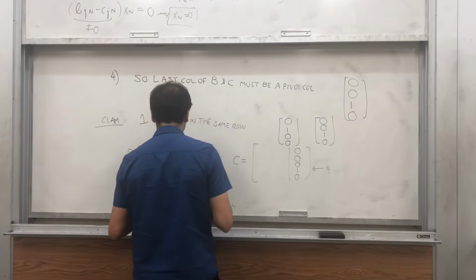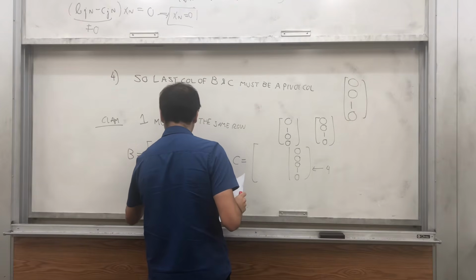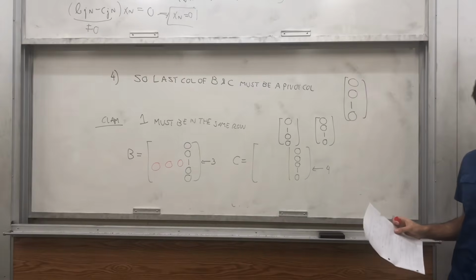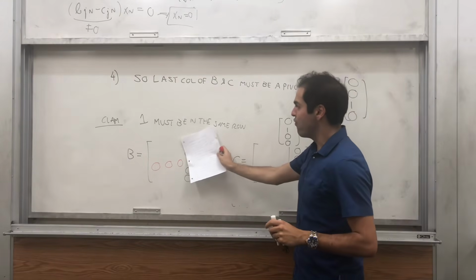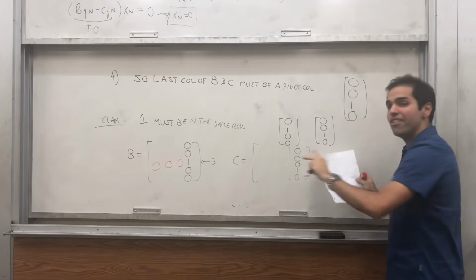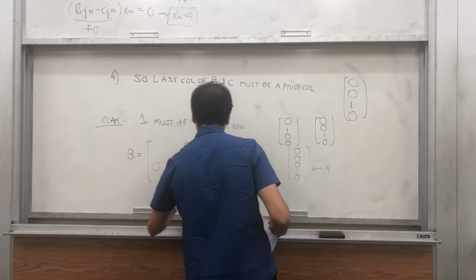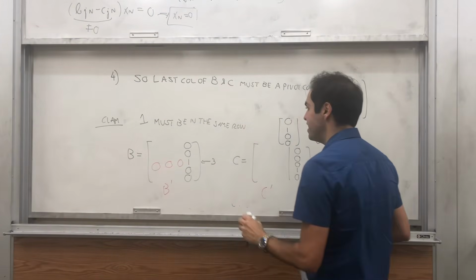We also know that everything but the last column of B and C, which we call B prime and C prime, have to be equal.